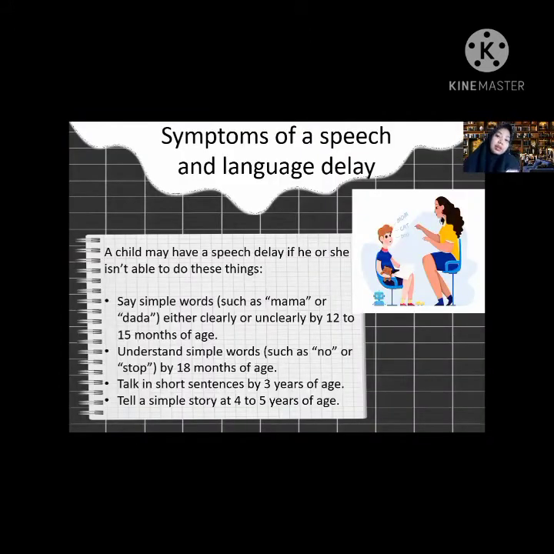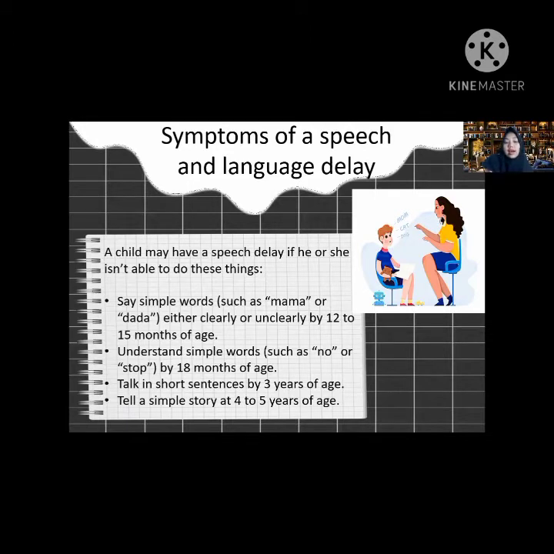We are talking about the symptoms of a speech and language delay. So, a child may have a speech delay if he or she is not able to do these things, such as, for the first, say simple words like mama or dada, either clearly or unclearly, at the age of 12 to 15 months.